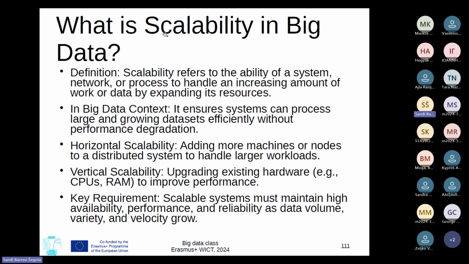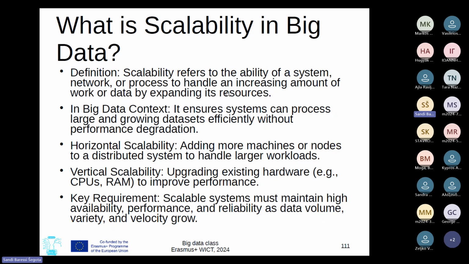Again, I mentioned scalability, so near the end of this topic, I wanted to define it more strictly. You should understand it by now, but scalability refers to the ability of a system, network, process, whatever we're doing, to handle increasing amounts of work or data, right?